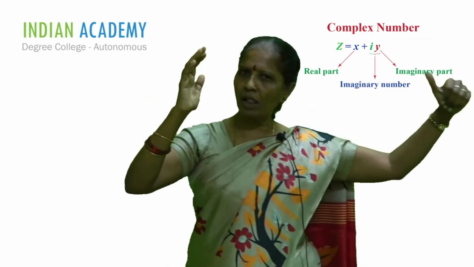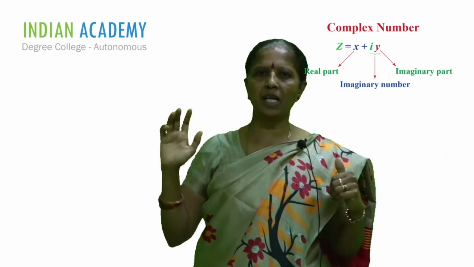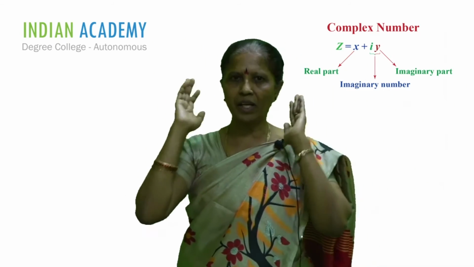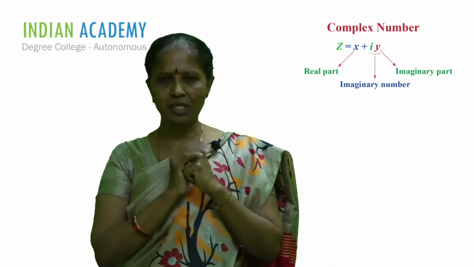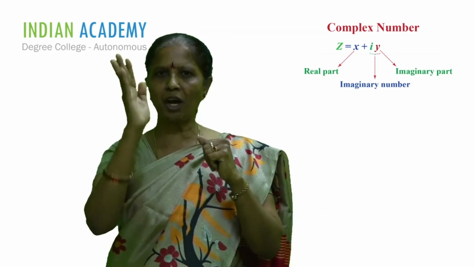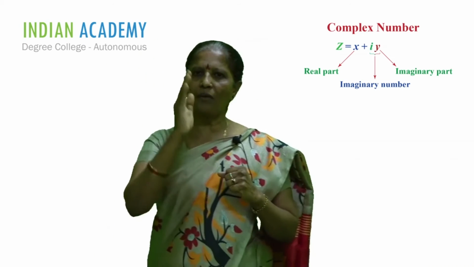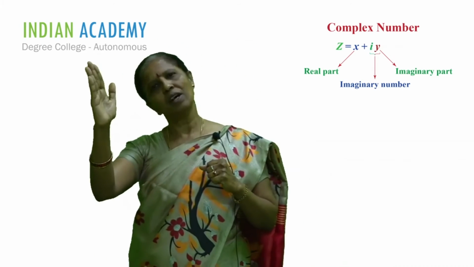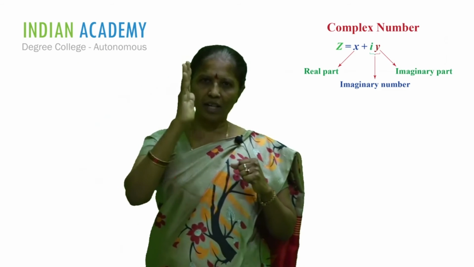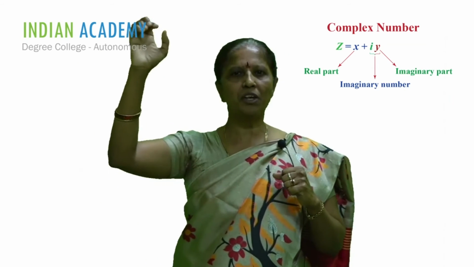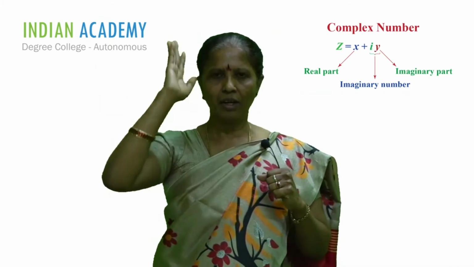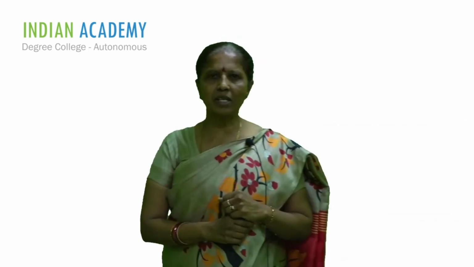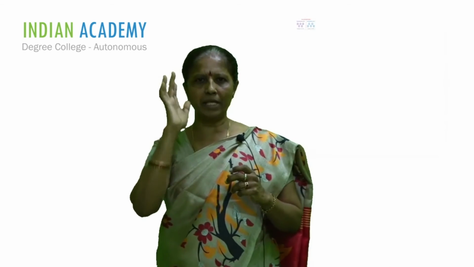Rest of all the other sets are the subsets. If we observe here, natural numbers is a subset of integers. Integers is a subset of rational numbers, and rational numbers is a subset of real numbers. And further, real numbers is a subset of complex numbers. Is that clear?